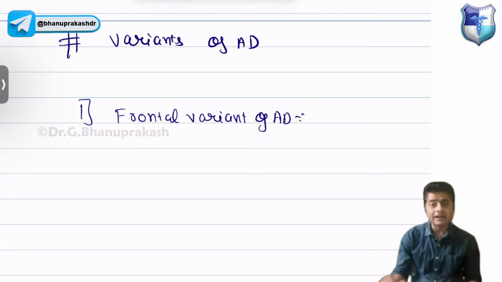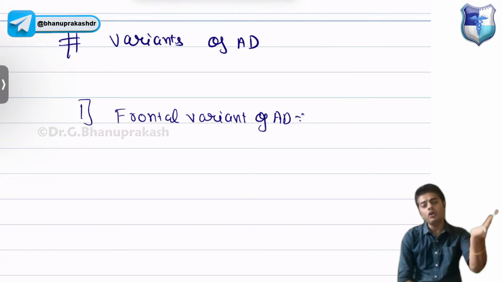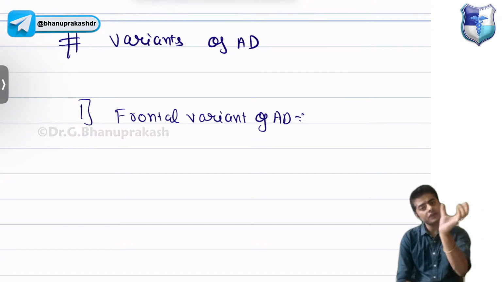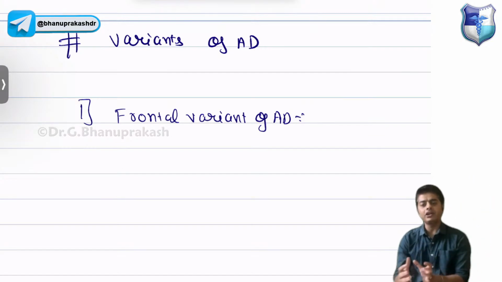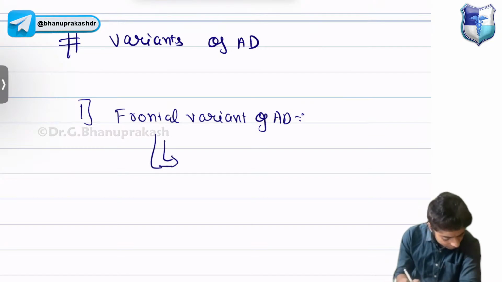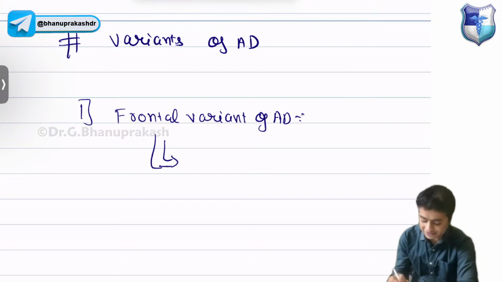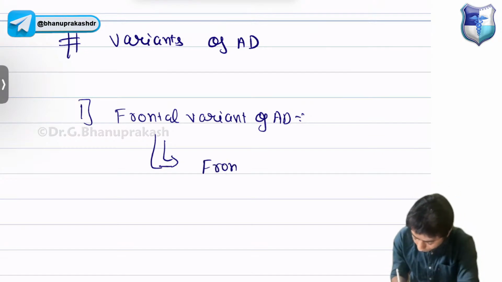Generally, what we have studied is that Alzheimer disease is a disease of the parieto-temporal region, and later in the course of disease, it involves the frontal part. But in the frontal variant of Alzheimer disease, your frontal lobe is affected first.